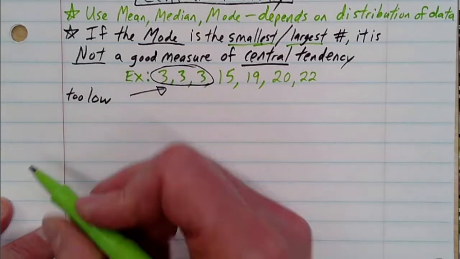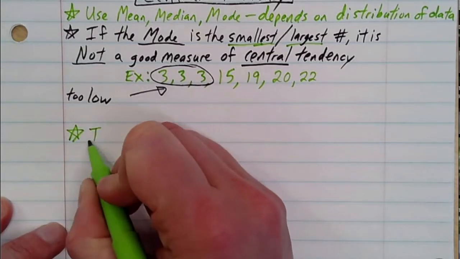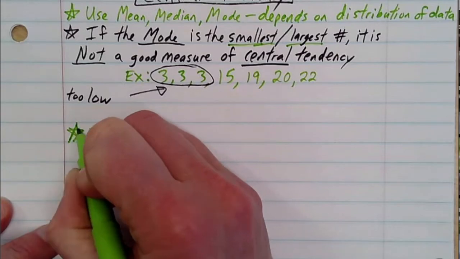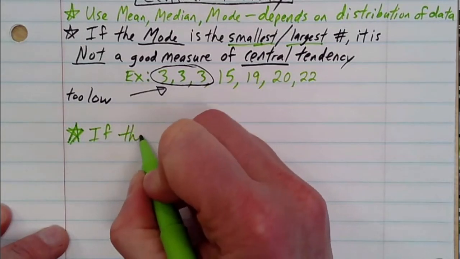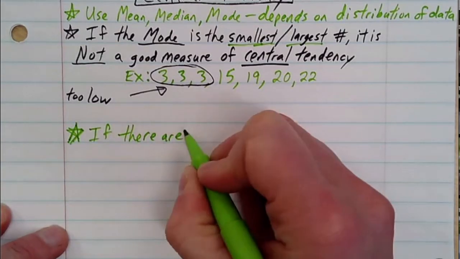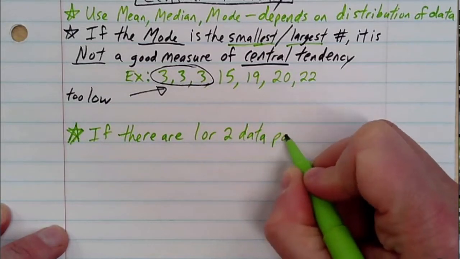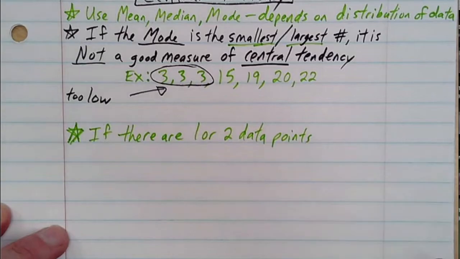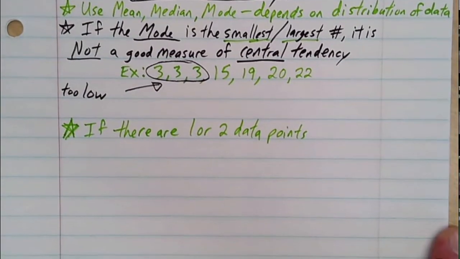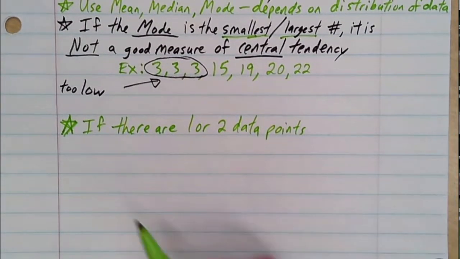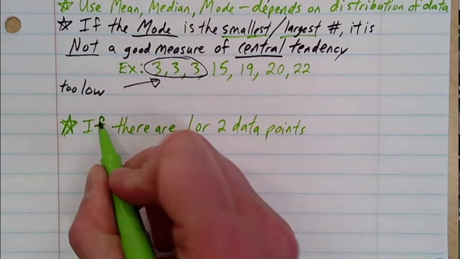I'll put a star here. If there are 1 or 2 data points that are much smaller or much higher than all the other ones, so like if we have an outlier, then the mean is not going to be a good measure of center because it's going to get pulled one way or the other.